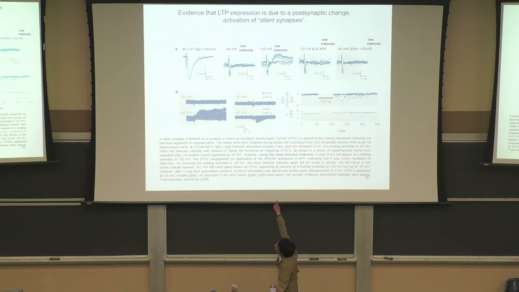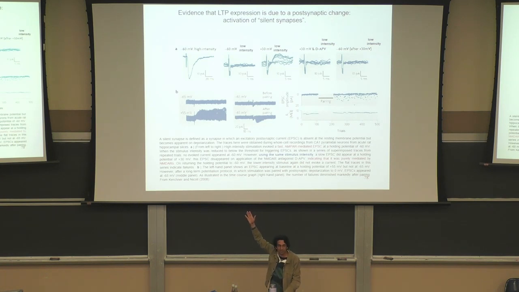So there is some synapse here, but it's kind of silent at minus 60 millivolts, and it only appears at plus 30 millivolts. And that response at plus 30 millivolts disappears in the presence of AP5, which is an NMDA receptor antagonist. So this shows that there are some synapses that physically exist and only have NMDA receptors, because this response goes away with NMDA antagonist.